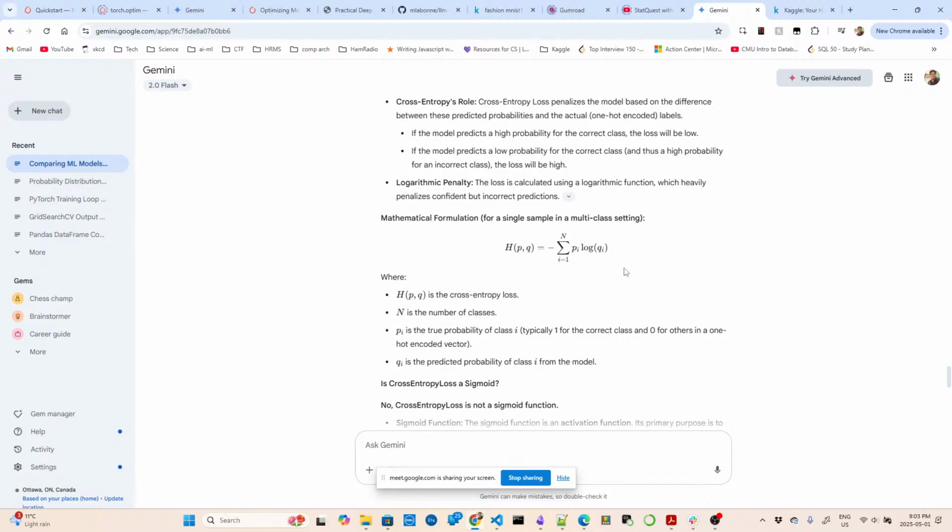multi-class setting is a true probability of class i. ठीक है. Typically 1 for the correct class and others is 0. Yes. And log of Qi. Okay. Predicted probability of class i from the model. ठीक है. तो log of that. So log अगर log of तो द बेस क्या है ये?